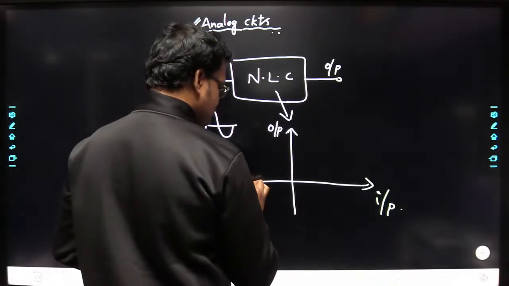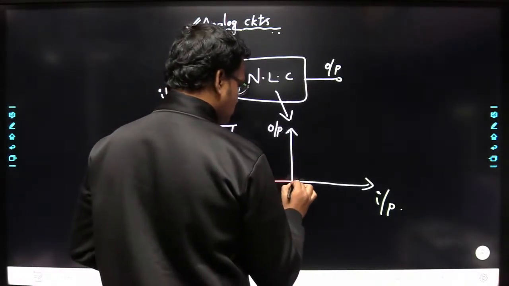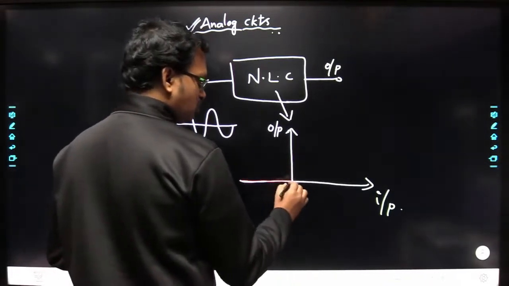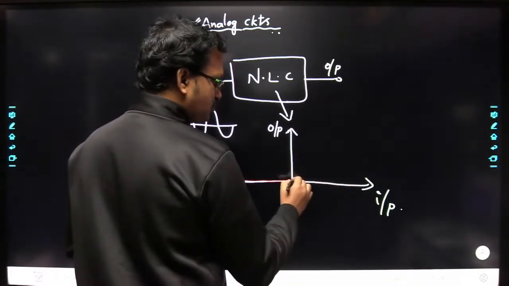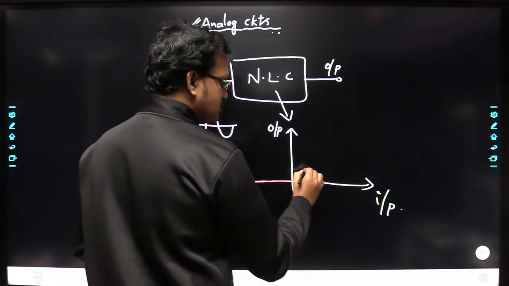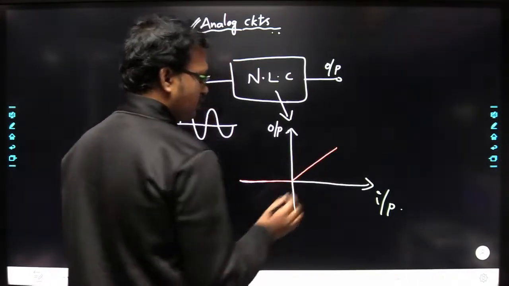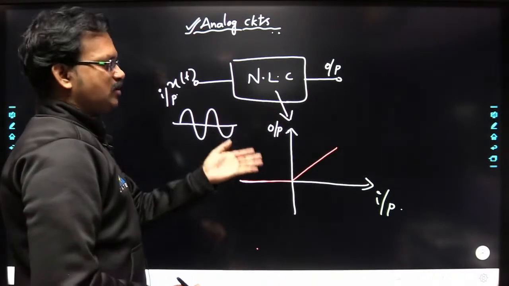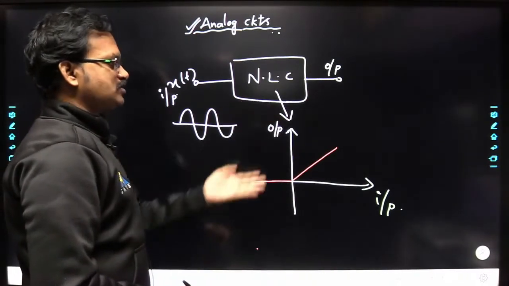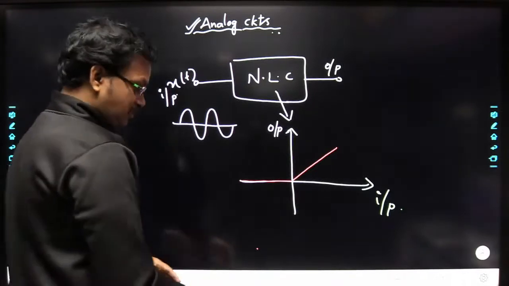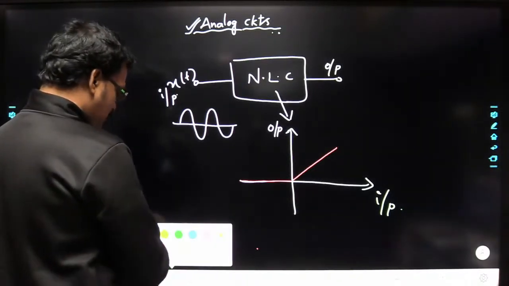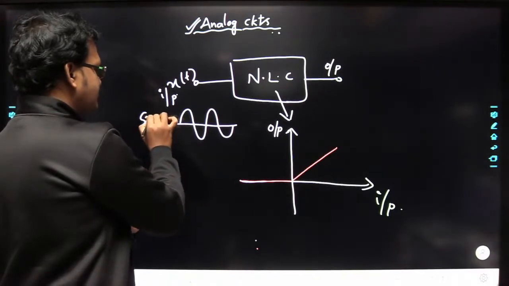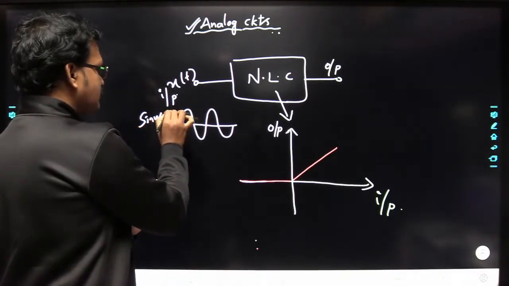Here it is 0. When input is less than 0, output is also 0. As input increases, output also increases.